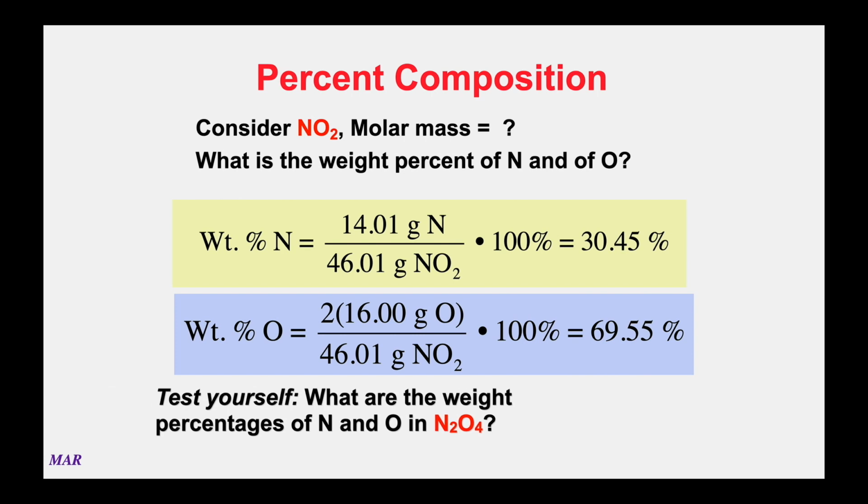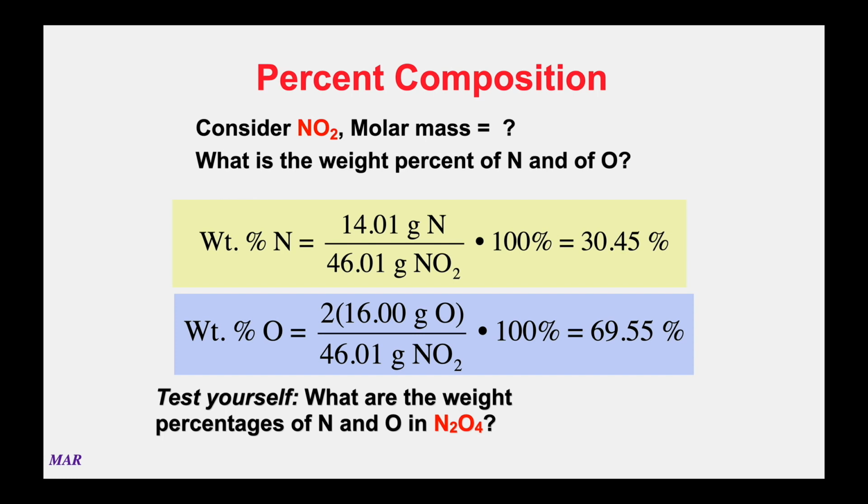But there's a problem. This is an example of testing yourself for the weight percentages of nitrogen and oxygen in dinitrogen tetraoxide. Now, NO2 and N2O4 are quite different compounds. There's not a lot of similarities to them. But notice mathematically that NO2 times 2 is N2O4.